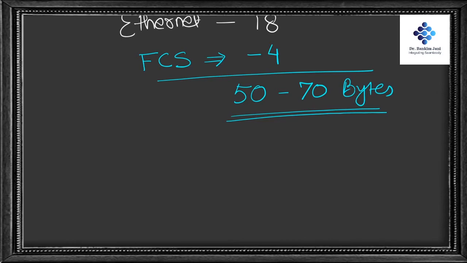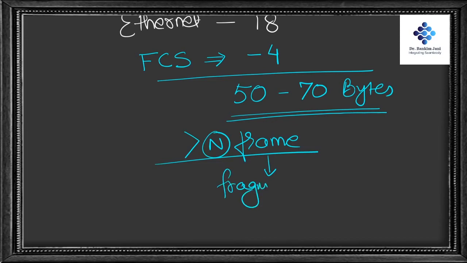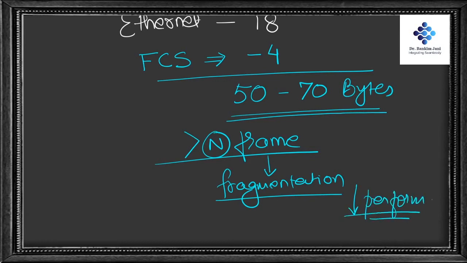So the solution: because it is exceeding the normal frame, and it is bound to go for fragmentation, and when there is fragmentation, this means extra work, and when it is extra work, that would decrease performance. So there has to be some solution.